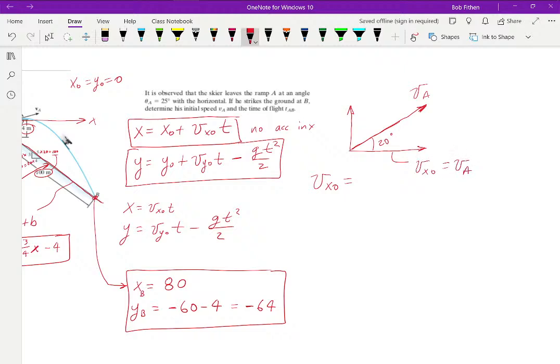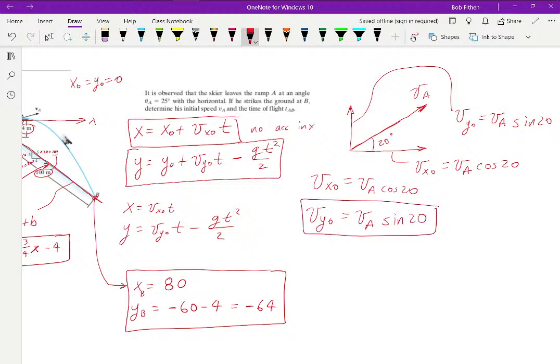Vx naught equals Va cosine of 20, Va sine of 20, but he wants you to determine that and determine the time of flight.